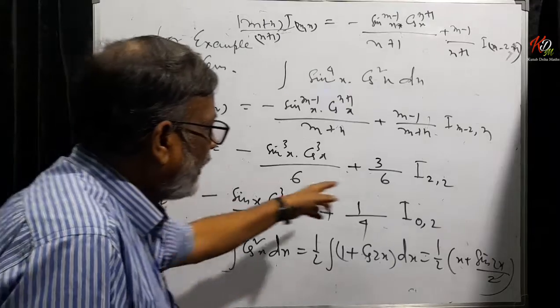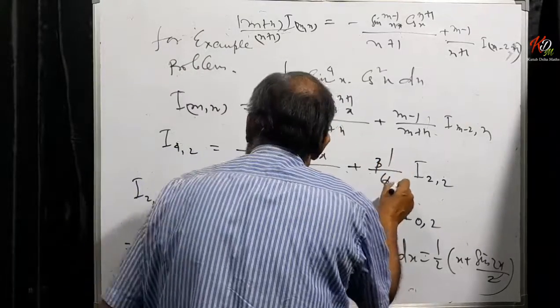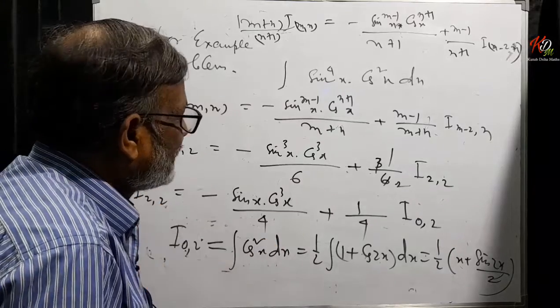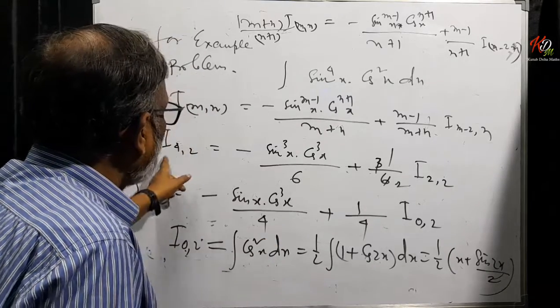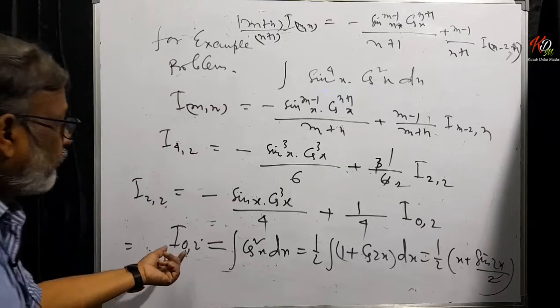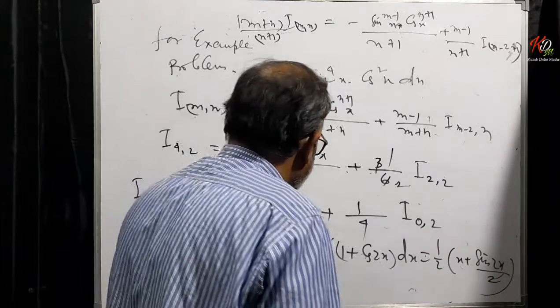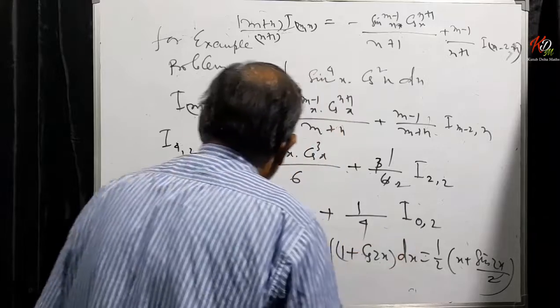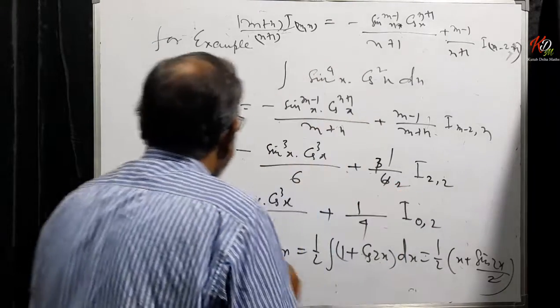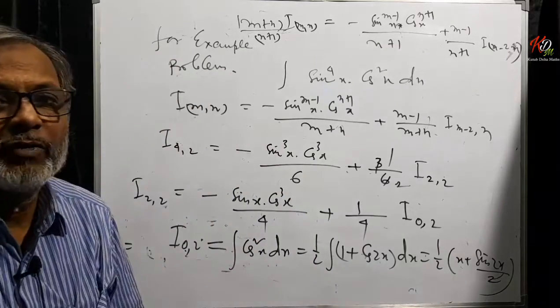Putting these values of I 2 2, we have I 4 2. So easily I 4 2, no problem. You do this by putting the values of I 0 2 in this, and secondly putting the values of I 2 2 in this. So we can obtain I 4 2, no problem.